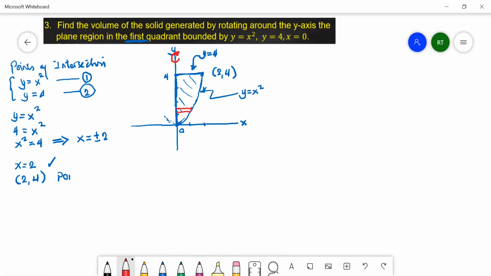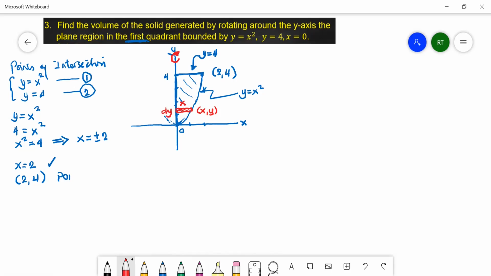The horizontal element is perpendicular to the y-axis, the axis of revolution. We call this point on the parabola the point whose coordinates are x and y. The distance of the point (x, y) from the axis of revolution, which is the length of the element, is x, and the thickness, of course, is the differential of y.